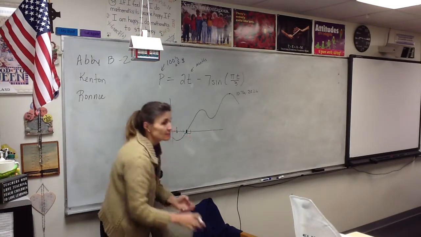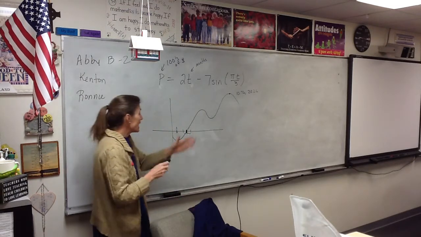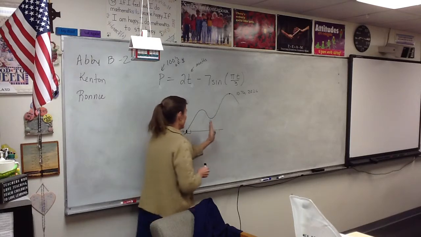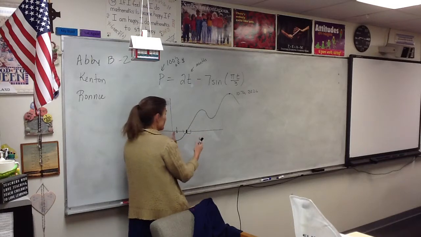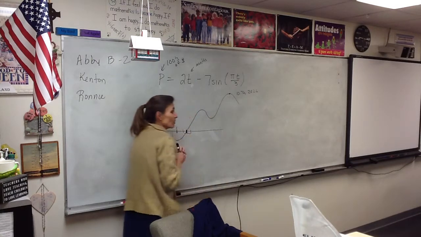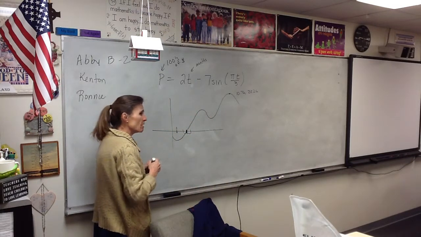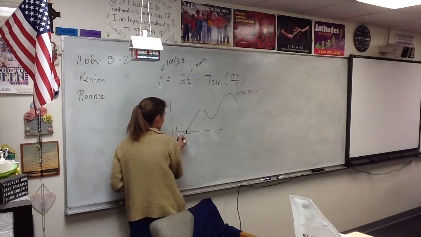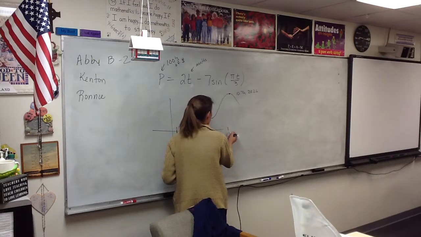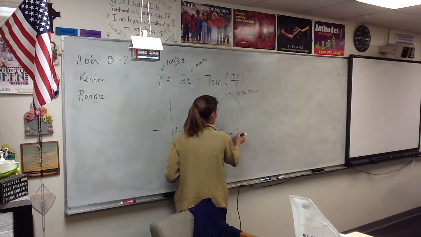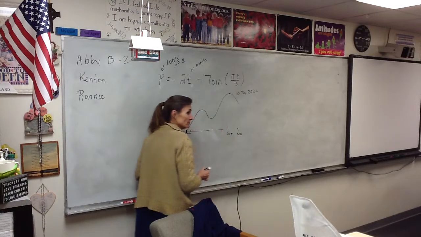Now that means between month 10 and 11, or hash mark 10 and 11, I have my greatest profit. Now, can you tell what month that would be? Remember, the first mark was January, the second mark was February. What will the 10th mark be? October, and the 11th will be November.